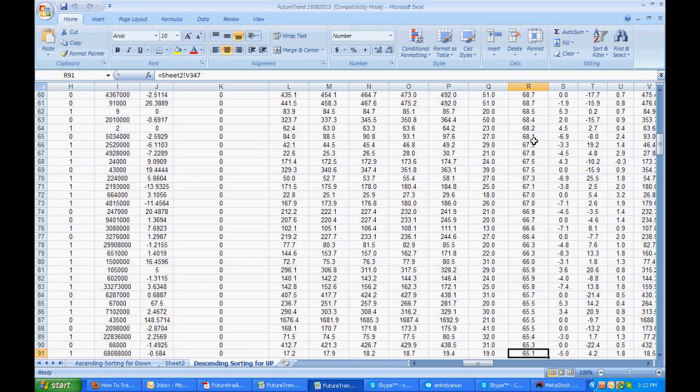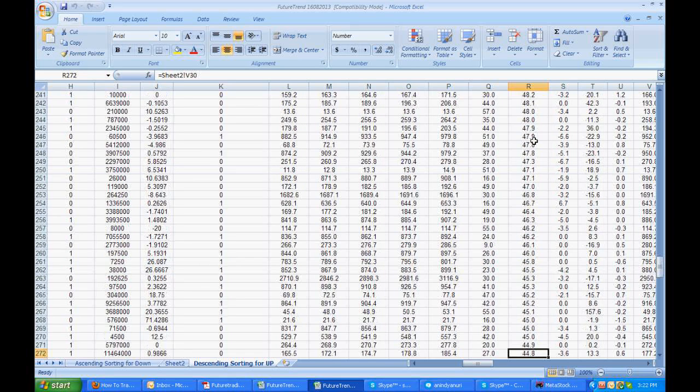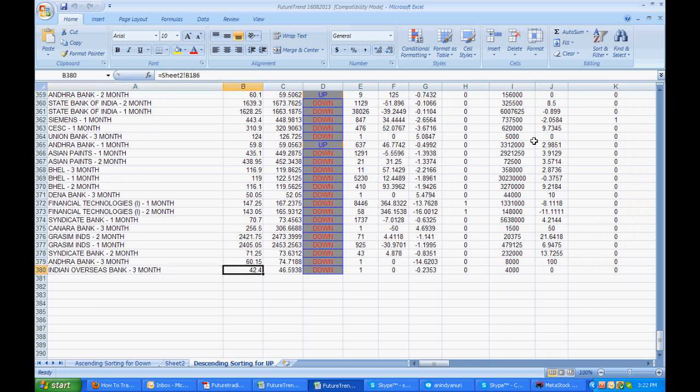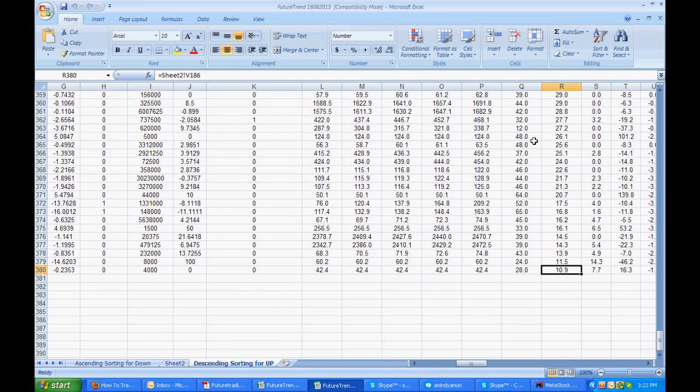We saw Indian Overseas Bank falling more, and it has been the weakest out of the lot as of yesterday's prices up till now. The sorting is on column R, which is relative strength.